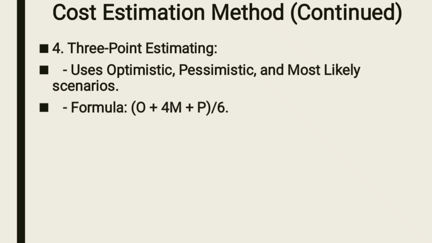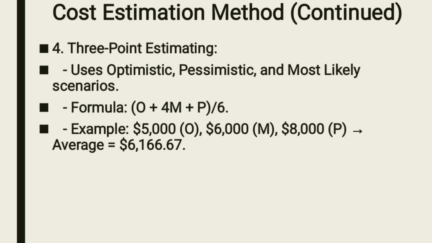On 3-point estimating, we use this formula: optimistic plus 4 times M, which is most likely, plus pessimistic, the whole of it divided by 6. In our example, optimistic is $5,000, most likely is $6,000, and pessimistic is $8,000.